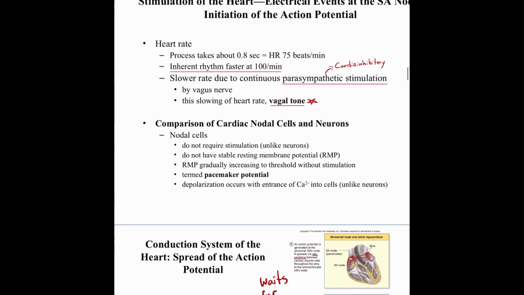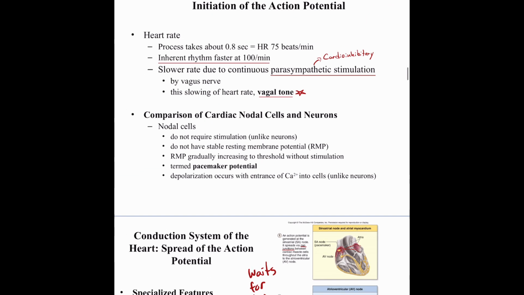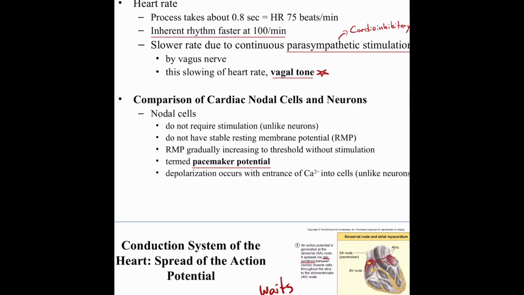And that's that vagus nerve, right? The right and left vagus nerves innervate the right to the SA node, the left to the AV node. And again, the bolded terms, always look at them for a bit, see if you might need them.